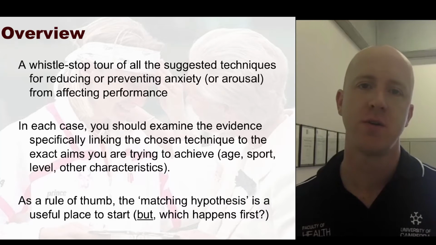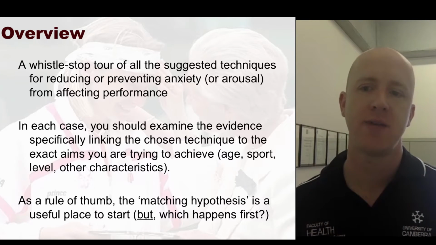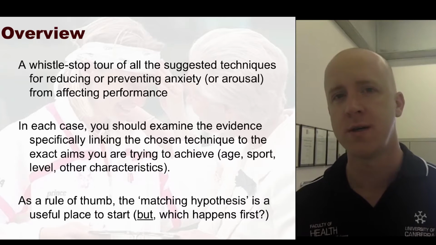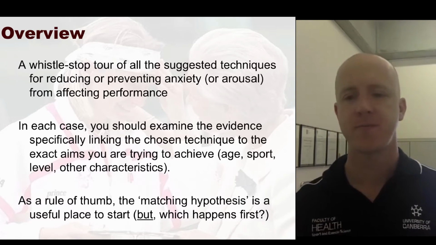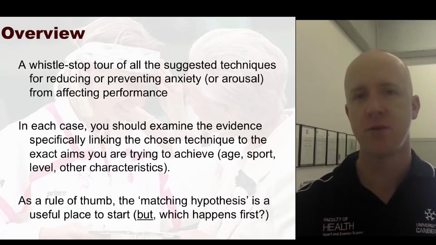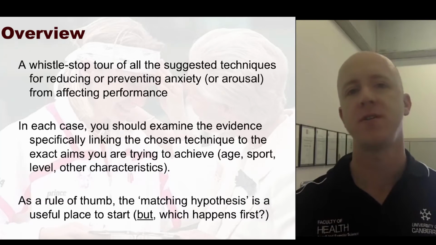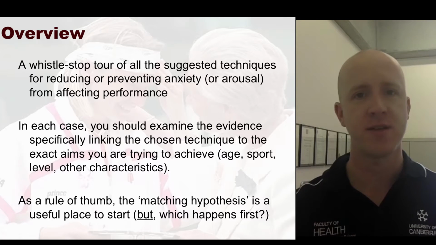So it's difficult to know which comes first sometimes, and you often end up having to either make a judgment call, or sometimes people would recommend a bit of both. But if there's more of one or the other, or if one seems to come first, that will lead us to a matching hypothesis.